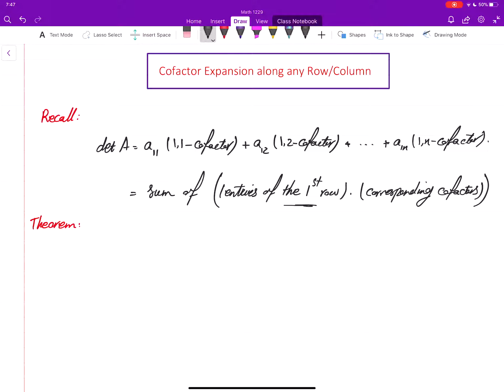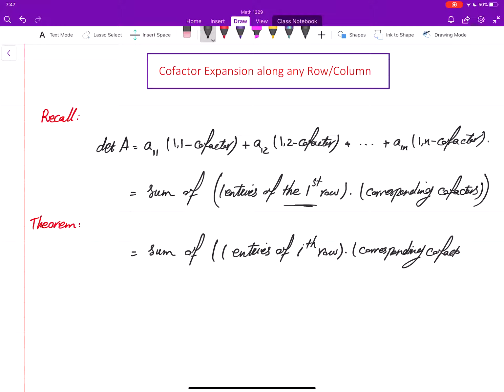You can indeed do this: as a continuation of those equalities, you choose any row you like, the ith row, and multiply each entry by the corresponding cofactor. Depending on which row you choose, you will get different cofactors. You multiply each entry by the corresponding cofactor and add.